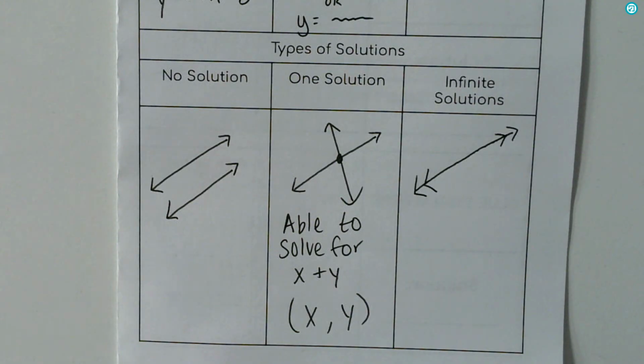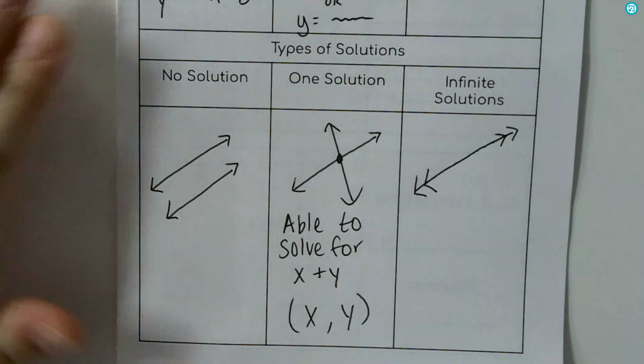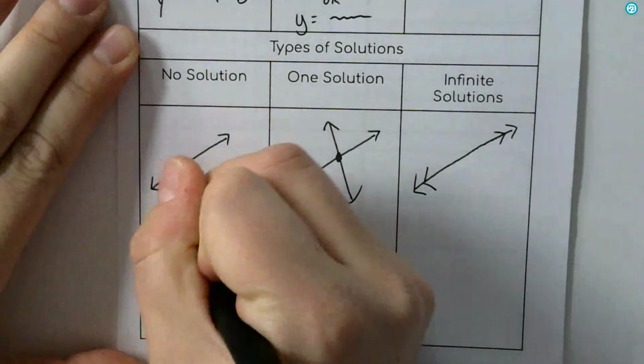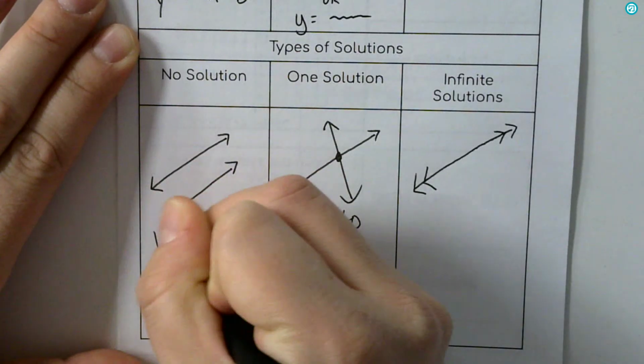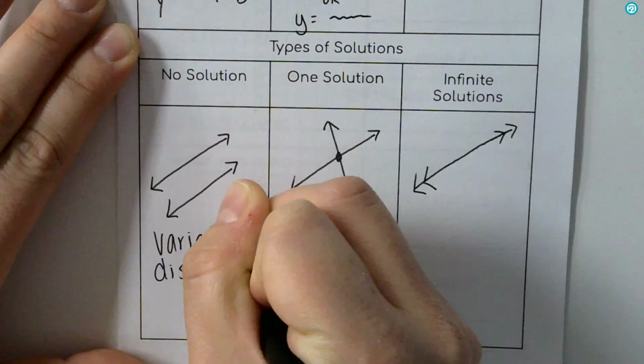For both no solutions and infinite solutions, those happen when our variables disappear. So I'm going to write variables disappear on both of these. So no solution and infinite solution both happen when variables disappear.